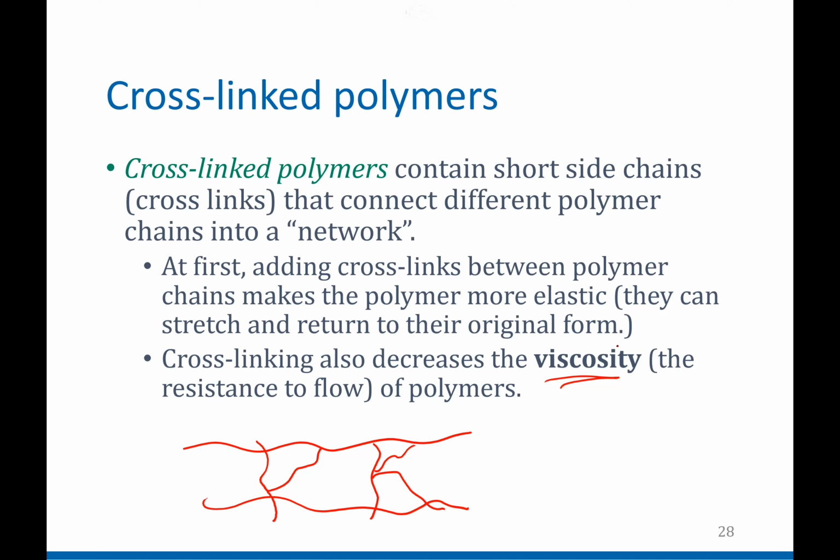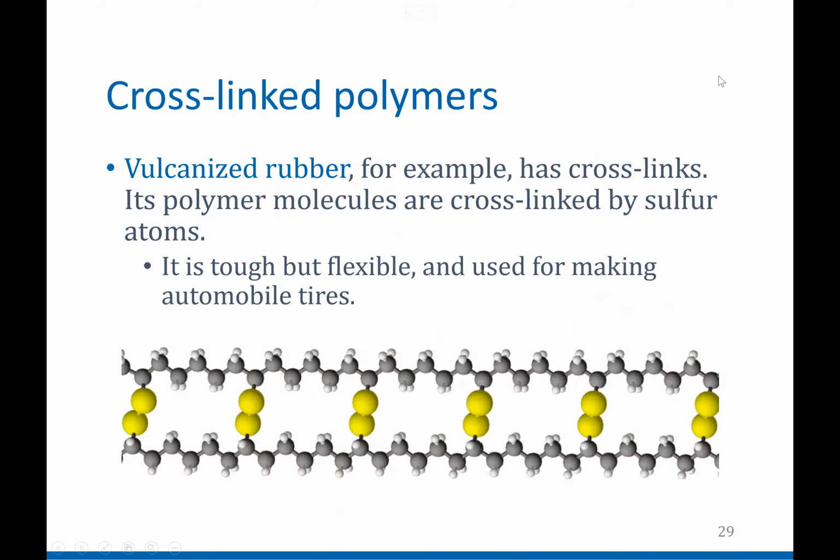Imagine putting honey in a glass and water in a glass and then trying to pour them out. The honey resists flow. It's very viscous and thick. So when you cross-link a polymer, it makes it more oily or thick, like honey. Again, you'll learn a lot more about this in 2420.